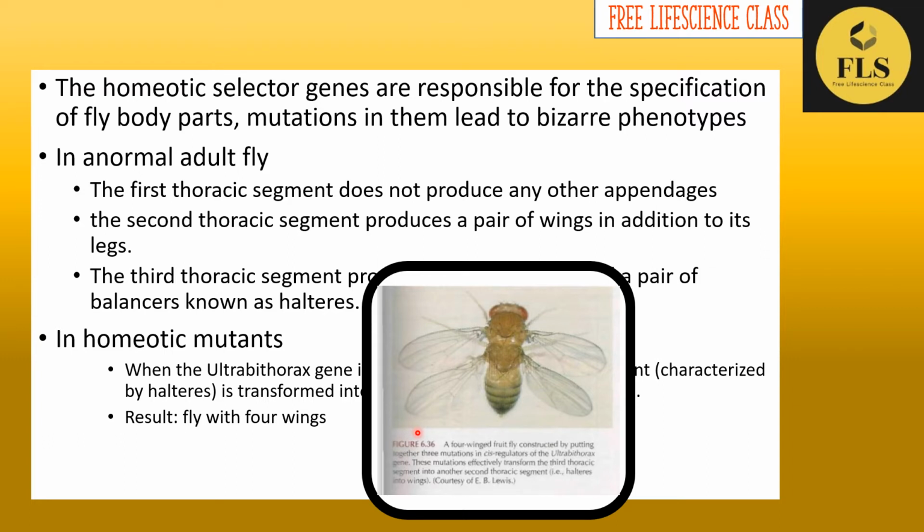Please carefully look at the picture. You can see this region, and this region. Here it has two. This region will completely develop into wings, and here again another second thoracic segment appears with an additional wing, so that is a fly with four wings.